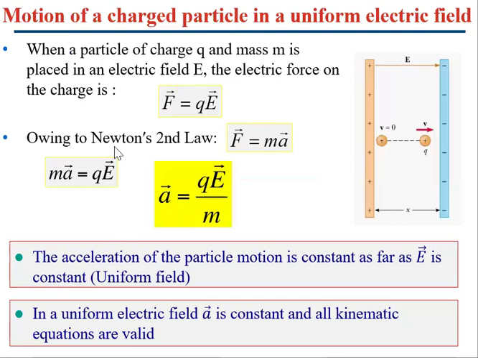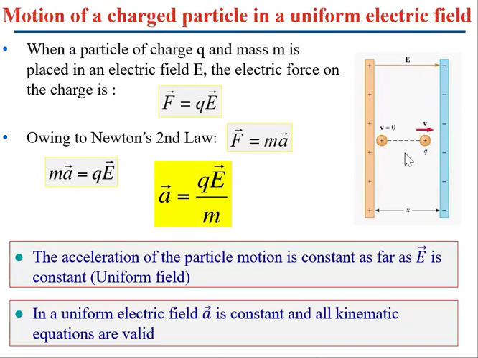Now let's move to the motion of a particle in a uniform electric field. If we have a point charge between two parallel plates, one positive and one negative, and the charge is positive, it will be driven toward the negative plate.